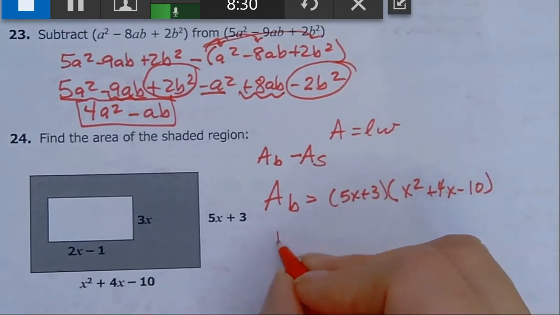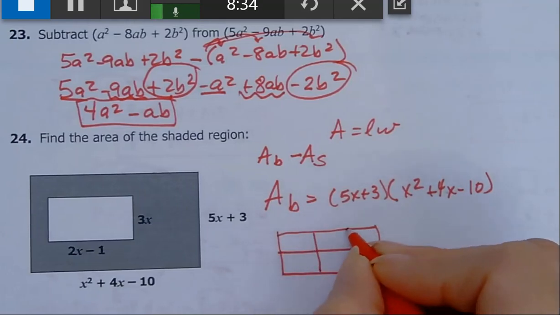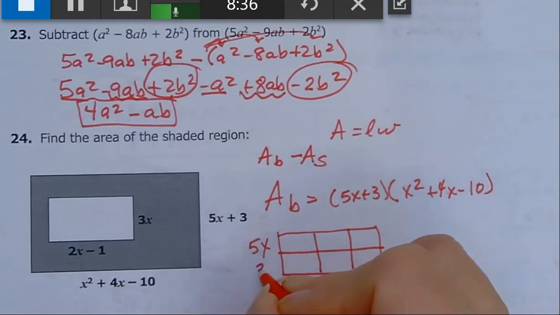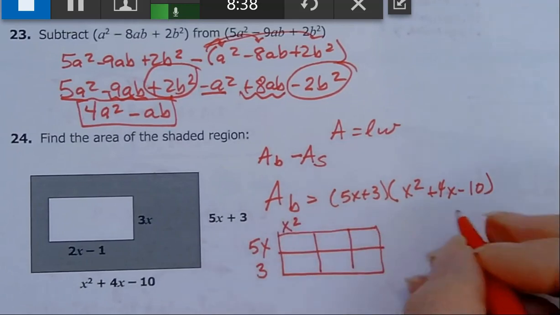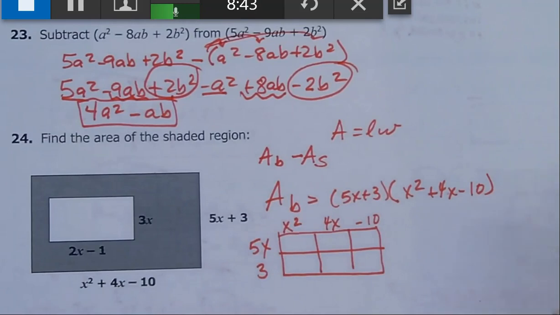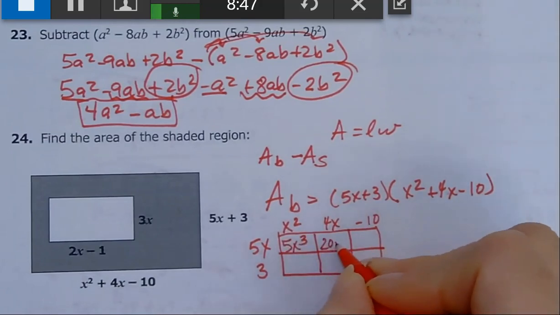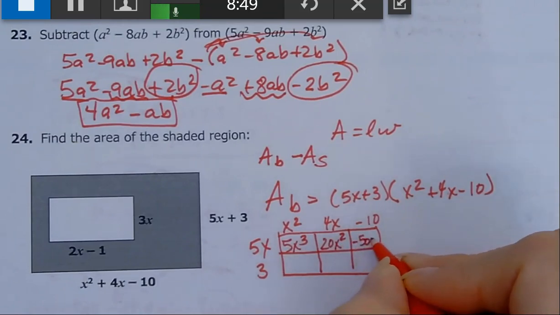Binomial times a trinomial, I'm going to give myself a grid. And I have 5x and 3, and then I'm going to have x squared and 4x and negative 10. My answer is going to be what I end up with inside my grid, so I have 5x cubed, 20x squared, negative 50x.